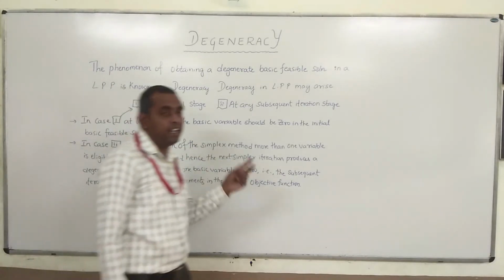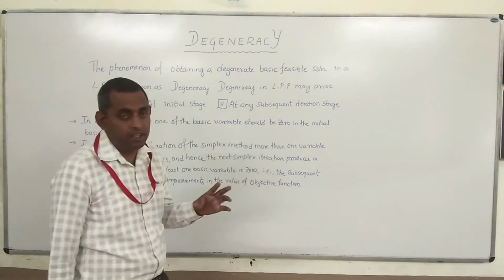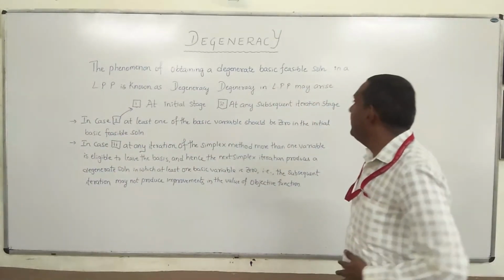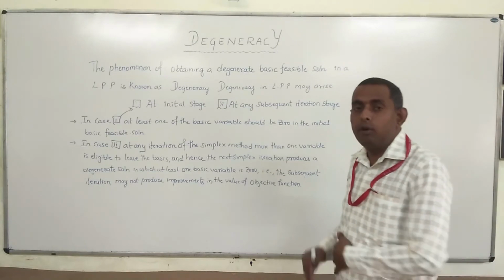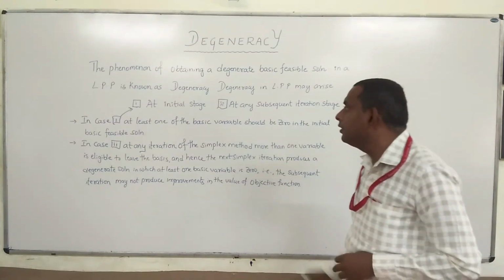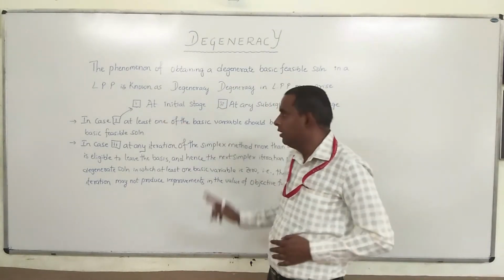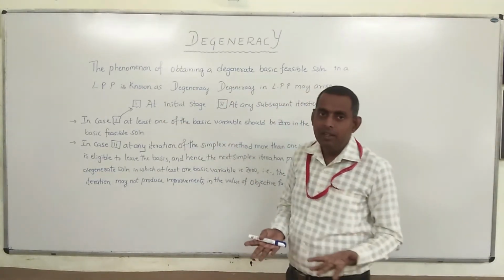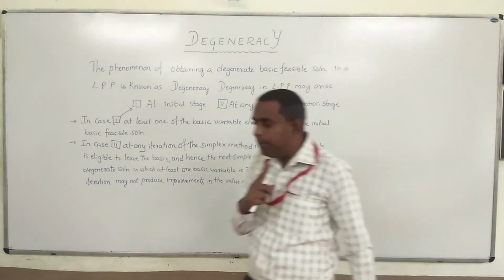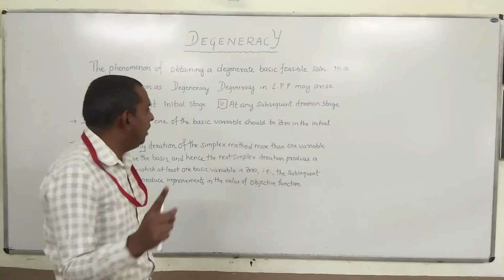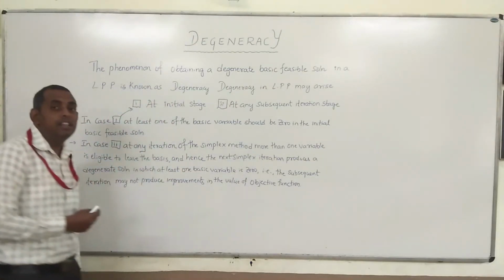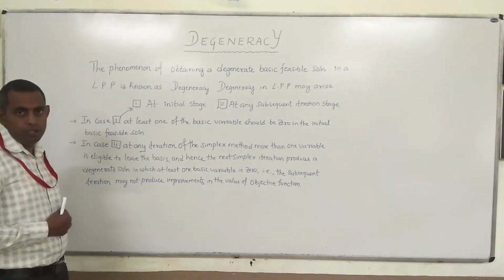What is degeneracy? Obtaining a degenerate basic feasible solution for an LPP is called degeneracy. Degeneracy may arise in two cases: one is at the initial stage, another is at any subsequent stage of the iteration. The first case is that at least one basic variable should be zero in the initial basic feasible solution.